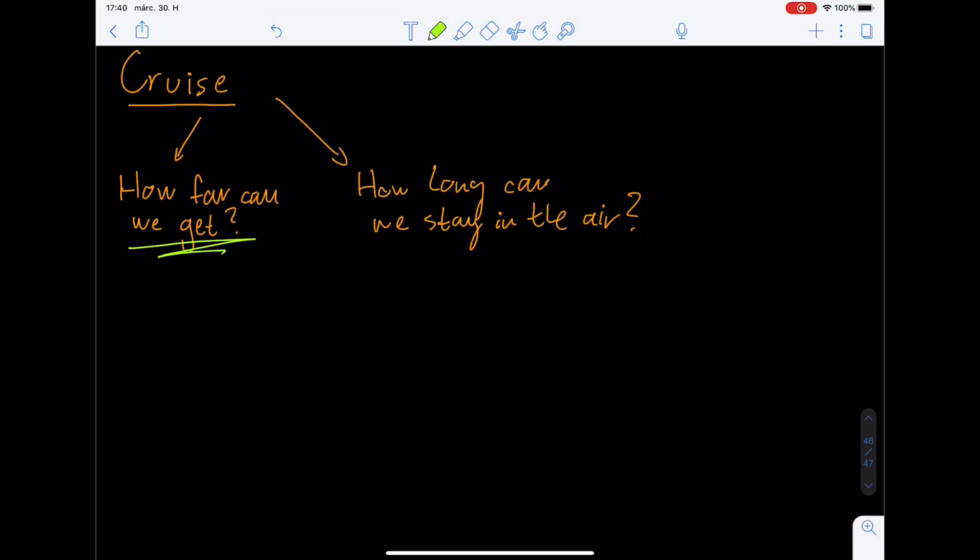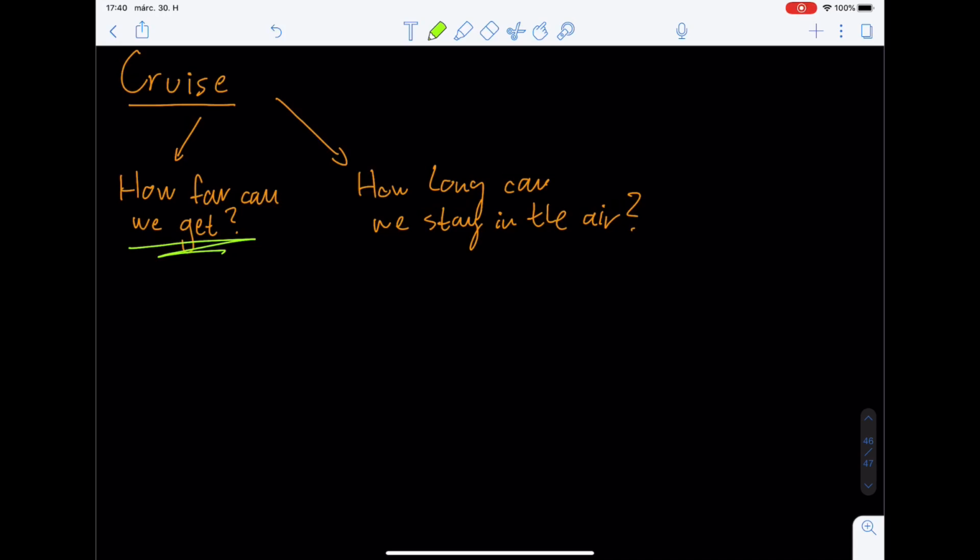This might be a legit question from the management of a commercial air transport company, one like Wizz Air, where the management would ask, with this aeroplane, how far can we get? Because this is how we can specify the bases, the destinations, and everything else. And this is how we can specify, for example, alternate aerodromes should the weather go bad, right?